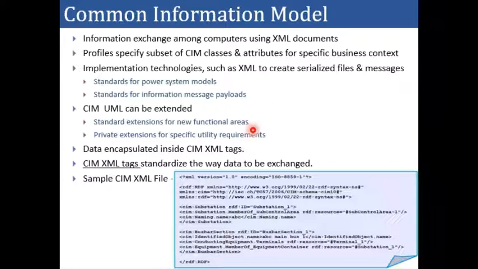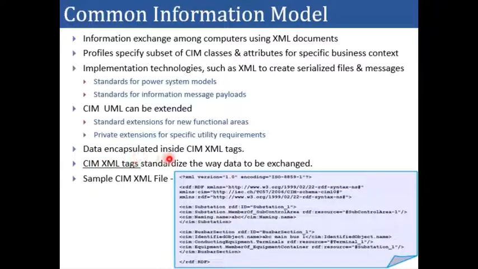Suppose you are having a new power system equipment, and the class for the corresponding power system equipment doesn't exist in CIM, then you can create that class or extend that class from another class and use it. So there are two possibilities for the extension. One is standard extension, means you create the new class and get it added in the standard CIM model, or you create the private extension which will be utility specific.